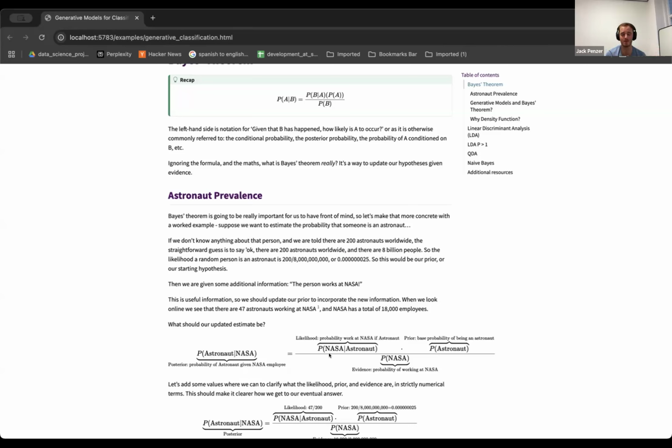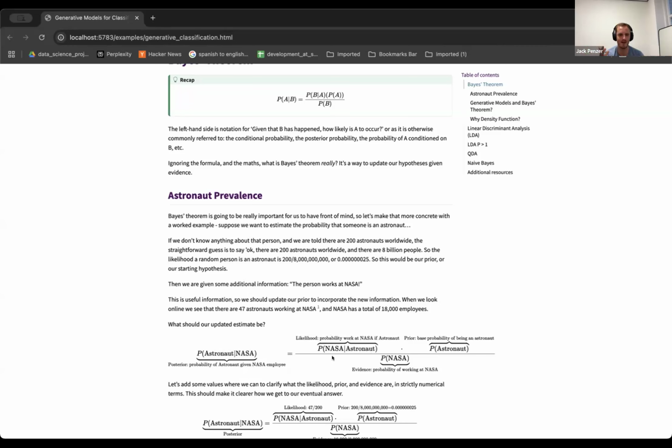We then flip it around and say, given someone is an astronaut, how many astronauts are there in the world? How many people at NASA are astronauts? And we take that, so we're looking for A given B here, and we flip it and put B given A here. And that's the likelihood term. And in the generative models that we look at later, it's this likelihood term that we're going to spend most of our time trying to estimate or figure out.